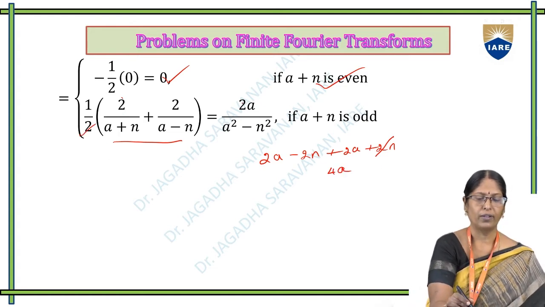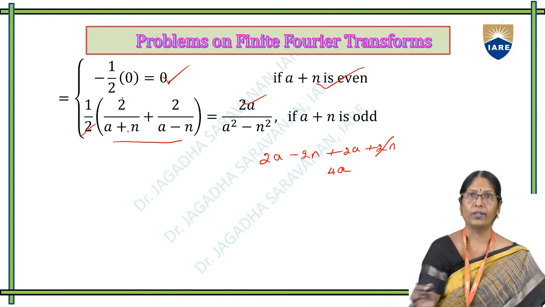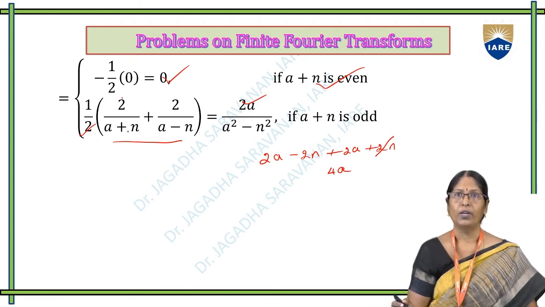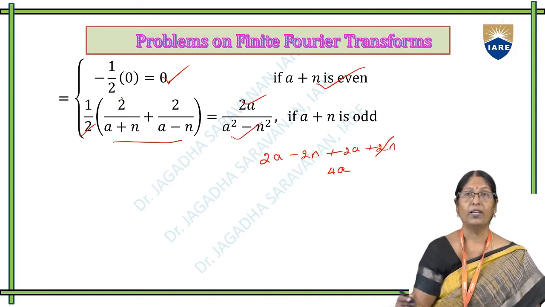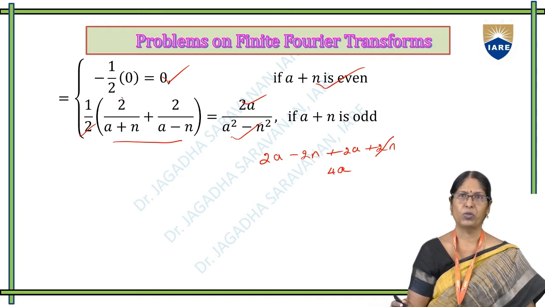Outside one 2 is there, so it is cutting. It becomes 2a. The denominator is a plus n into a minus n, which is nothing but a square minus n square. We also know the formula a plus b into a minus b is a square minus b square.